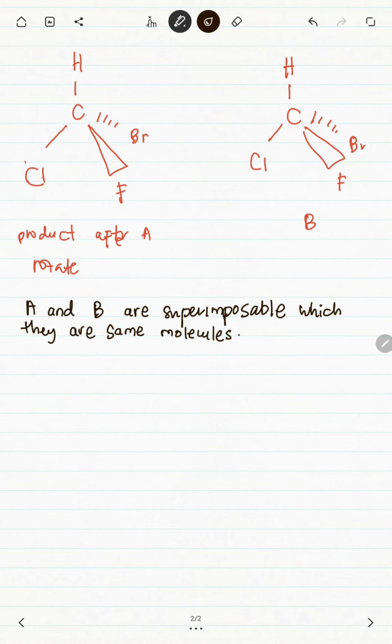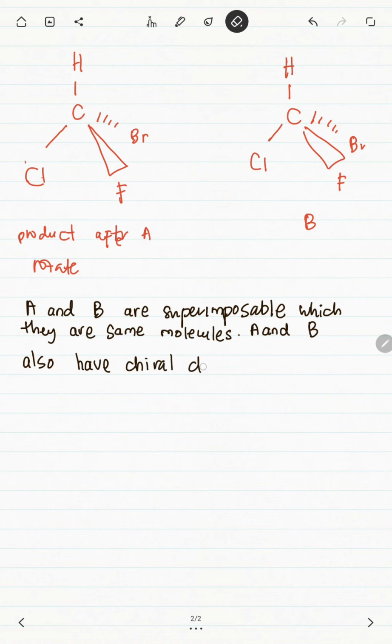Even though A and B both have a chiral carbon, be careful. We can state that A and B are not enantiomers, but only the same molecule.